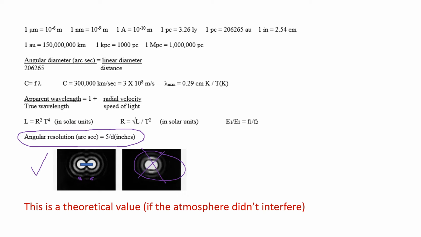So what you normally will do is calculate the theoretical angular resolution of a telescope, and then say, given the following scenario, like the size of a feature on a planet or a separation between the two stars in a double star system, given as the distance between the centers of those two stars, at least what it appears like, can this telescope see things that small or not? Before we get to the example, I want to point out that this is a theoretical value. This is if you had a perfect telescope under perfect conditions and if the atmosphere of the Earth didn't interfere.